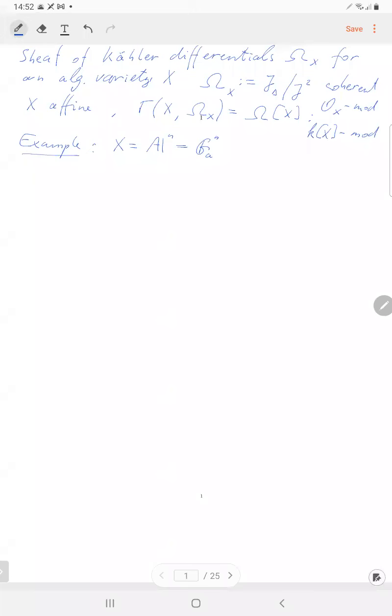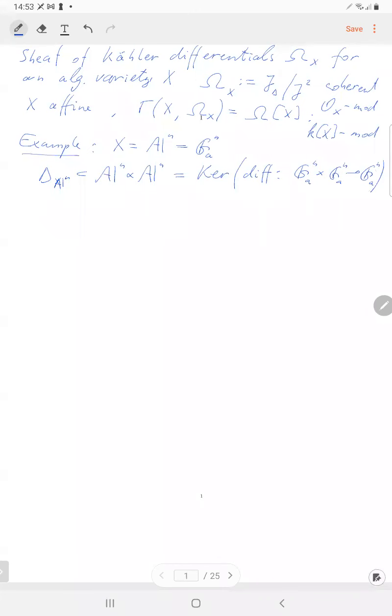Namely, we have this diagonal, Delta_{A^n} inside A^n times A^n, and this is just the kernel of the difference from G_a^n times G_a^n to G_a^n.